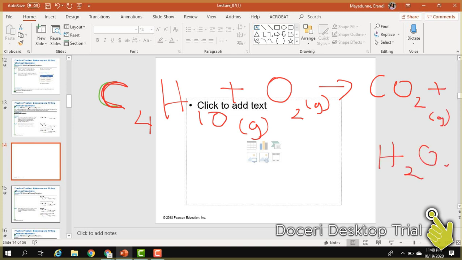How do I balance it? Always you need to put the state.